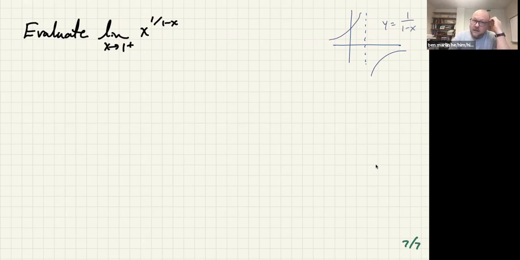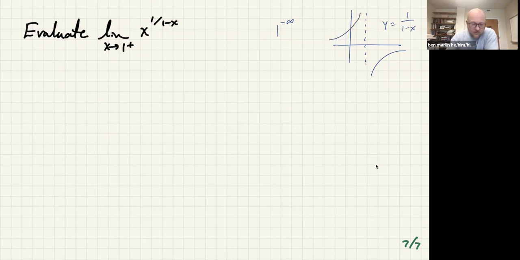Okay. So on this one, when we're plugging in, we have 1 to the power negative infinity, right? So if it had been x going to 1 from the left, then we would have looked at this side and said it was going to positive infinity. In both cases, it's 1 to the infinity.